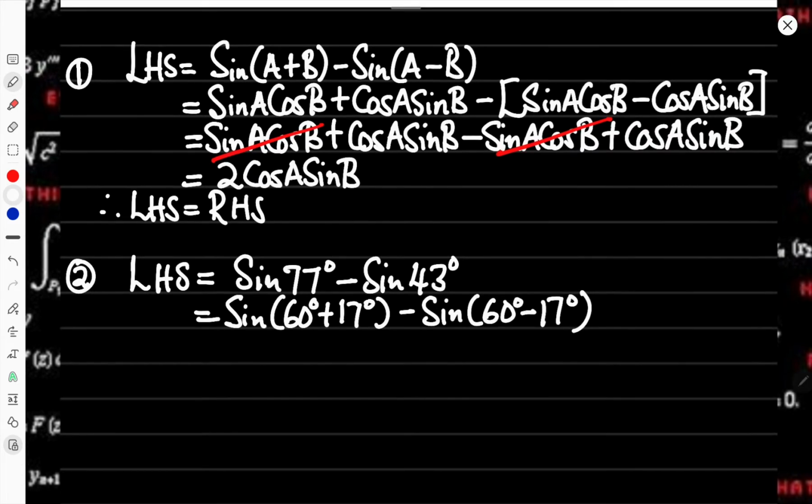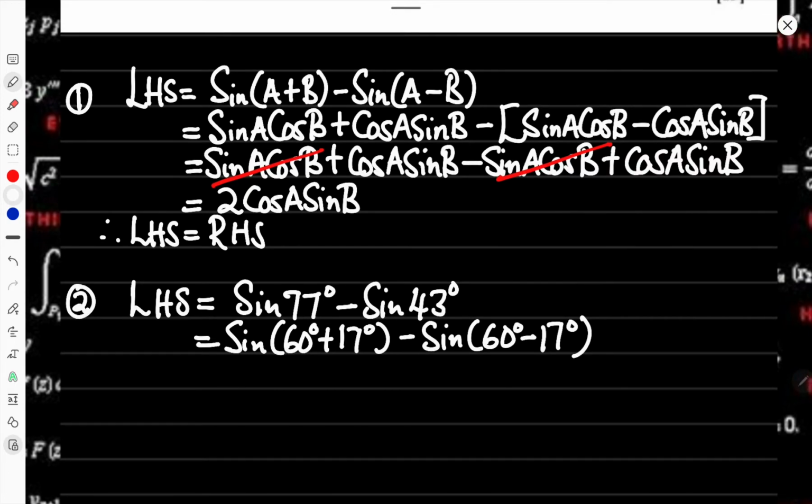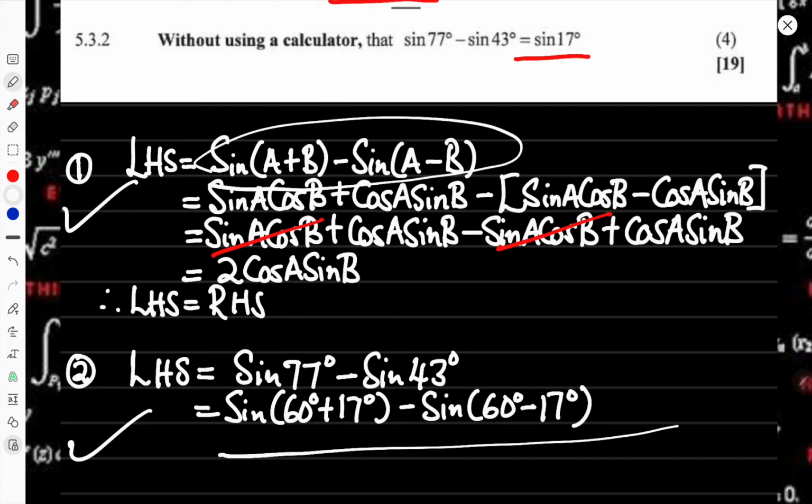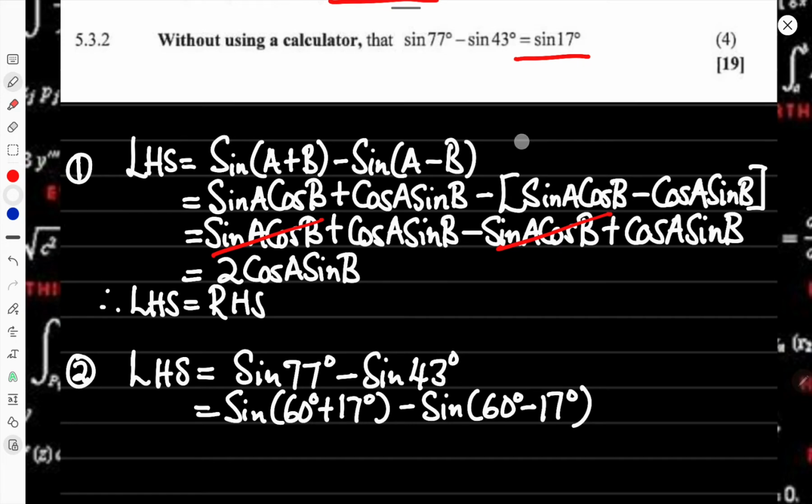So you can see that having got the first one there, the second one will be easier because you're going to use the fact that sine A plus B minus sine A minus B becomes that, all right? So it's so important that you understand the first question before you can go for the second one.